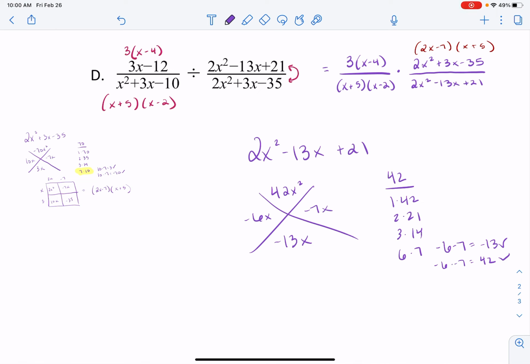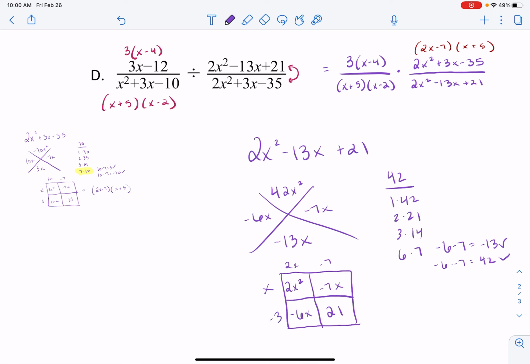Okay. So when we make our box, we take the 2x squared from the beginning, place it in the upper left, and then 21, place it in the lower right. And then we've got negative 6x and negative 7x. Here I can take out an x. And 2x times negative 3 would give me negative 6x.